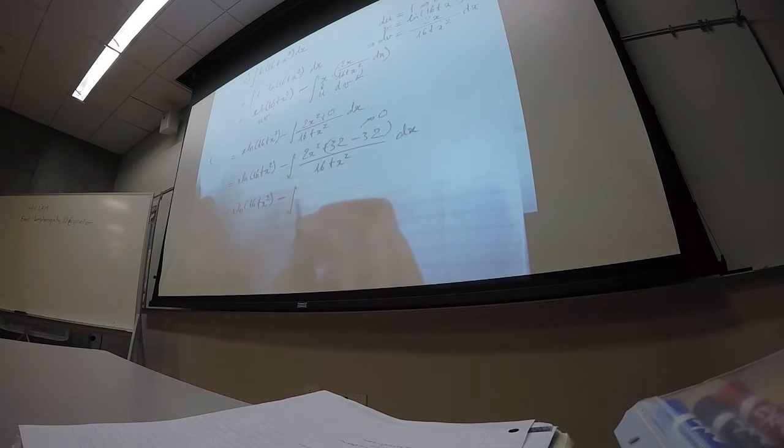Well, separate them, right? You have 2x squared plus 32 over 16 plus x squared, minus 32 over 16 plus x squared dx.